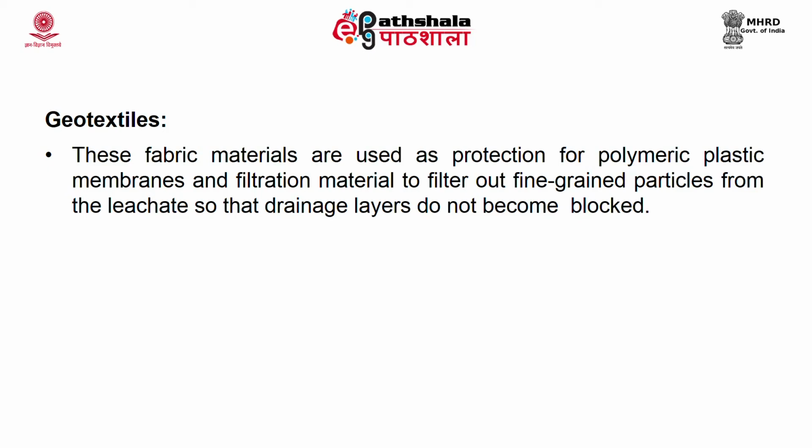When it enters, the bigger particles will tend to choke or block the leachate collection, so it will affect the efficiency of the system. So, what you have to do is line one layer of geotextile over this leachate collection system, so that it will prevent the entry of the larger particles into the system. This will avoid the blocking of the leachate collection system.